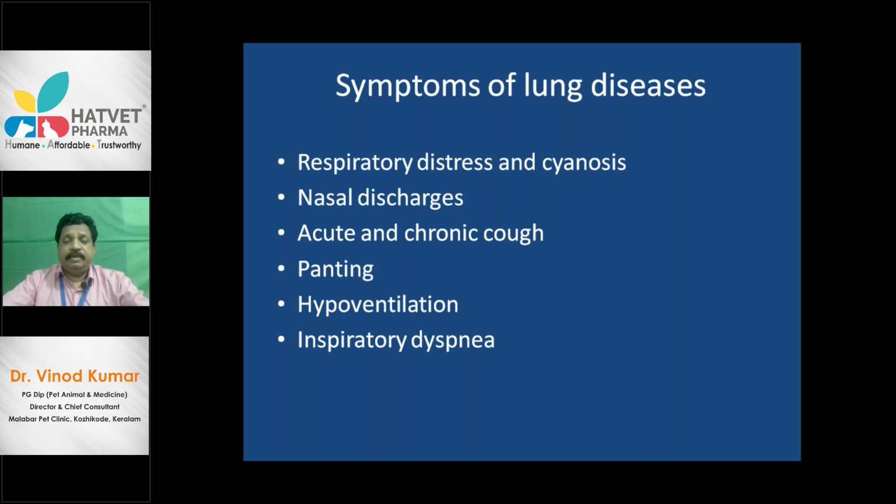Hypoventilation. Ventilation, as we know very well, the inspired air will go inside through the nostrils or through the mouth. It will go inside, passing the larynx. It will be going inside the trachea. It is humidified. It is passed into the bronchus, then bronchioles. After the bronchioles, it establishes its occurrence in the alveolus.